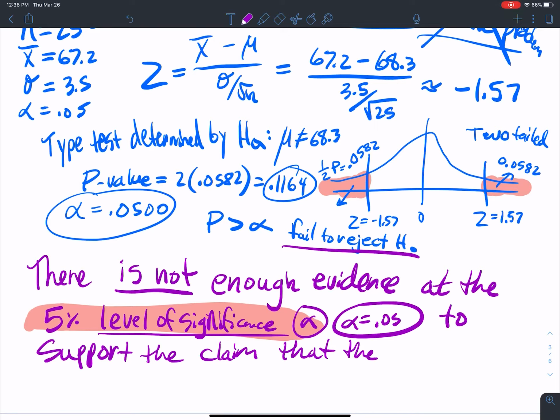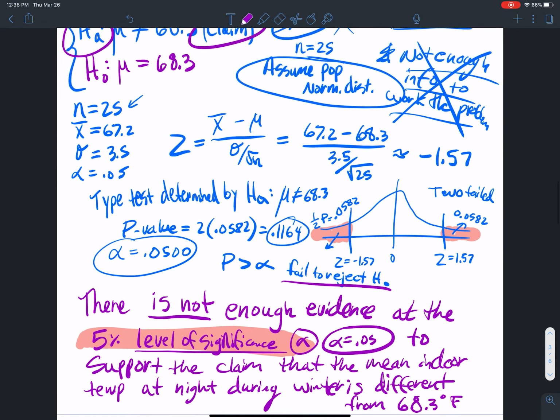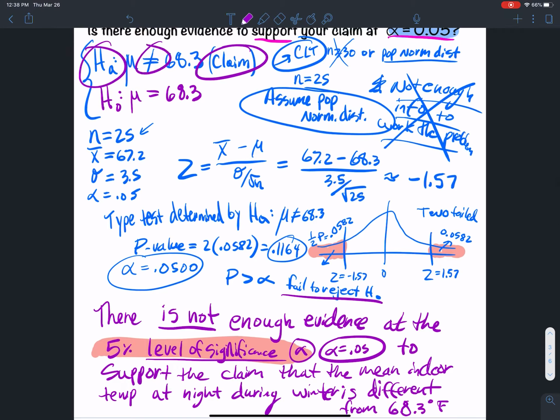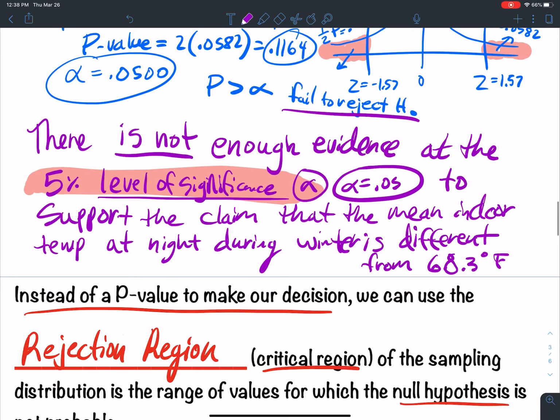That the mean indoor temp at night during winter is different from 68.3 degrees Fahrenheit. Okay? Why do we say different? Because different is not equal to. So I'm just trying to use English there for you.